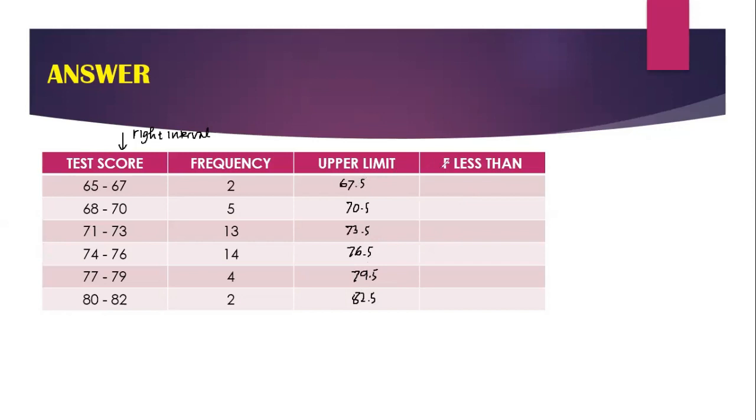Okay, now F less than 67.5. Once again, the cumulative frequency less than 67.5 is 2. Go to the second row. The cumulative frequency less than 70.5 is 2 plus 5, 7. Go to the third row.